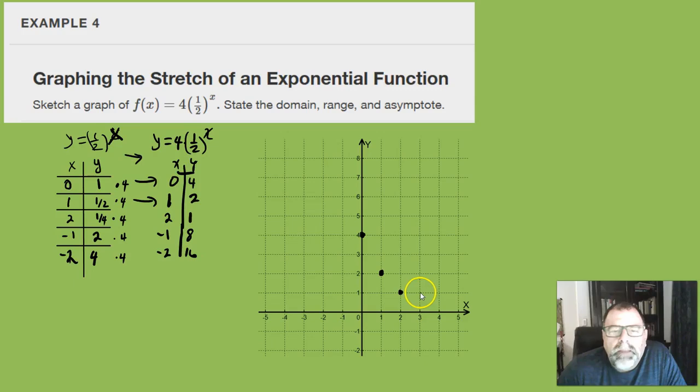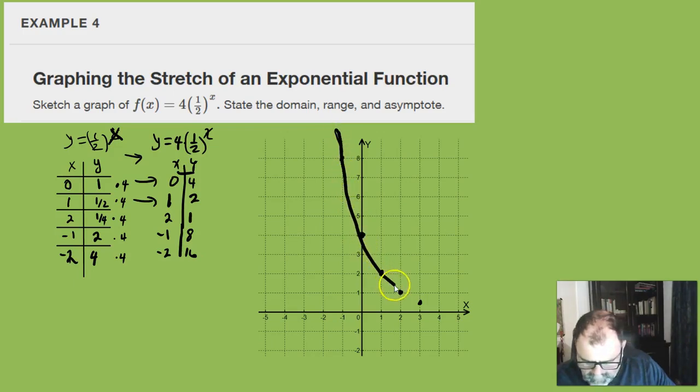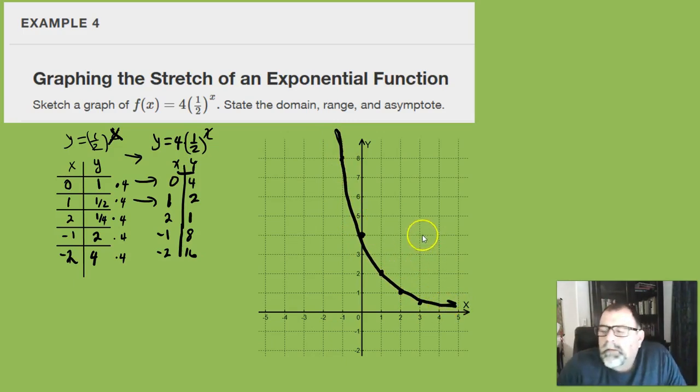And if I did 3, it'd be 1/8 times 4, which is 1/2, and so on. And then -1 would be 8, and -2 would be off my graph here. Oops. So let's do that. There we go. Okay, so that's an exponential decay.